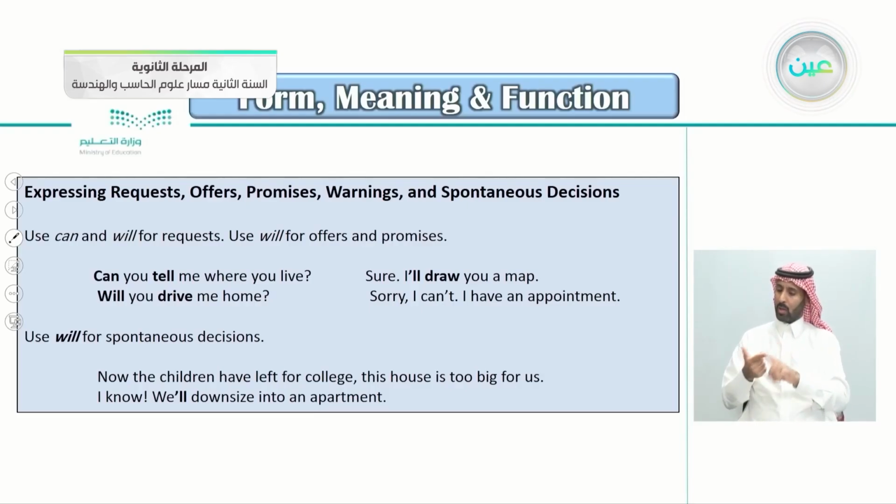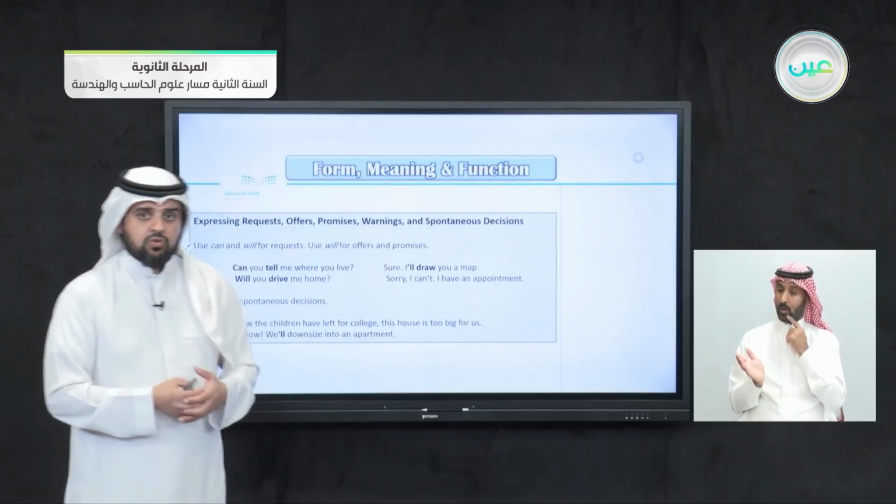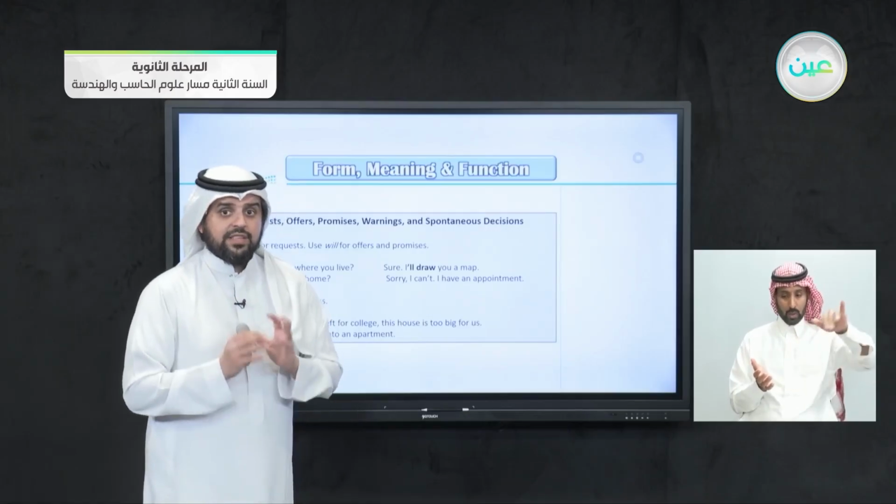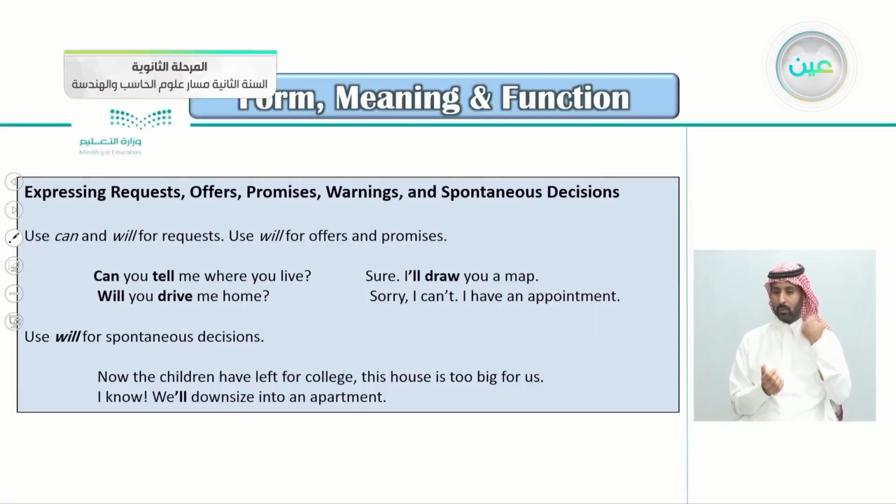I have an appointment. So you can use can and will for requests, and also use will for offers and promises. So, sure, I'll draw you a map. This is an offer, offering to draw a map. Or you can say, if someone invites you to his house, sure, I will come. When you say I will come, this is a promise.